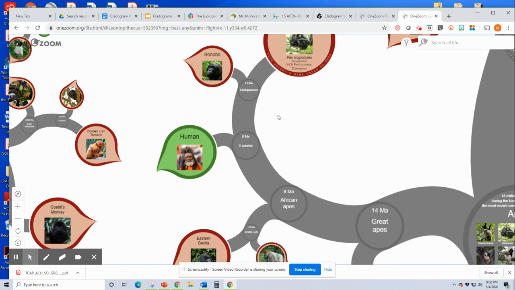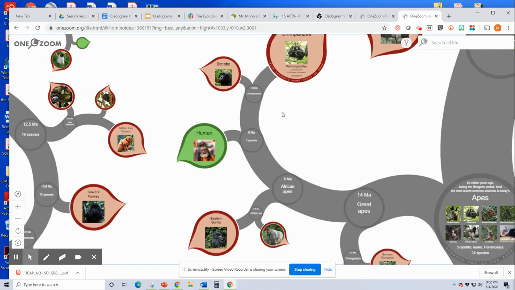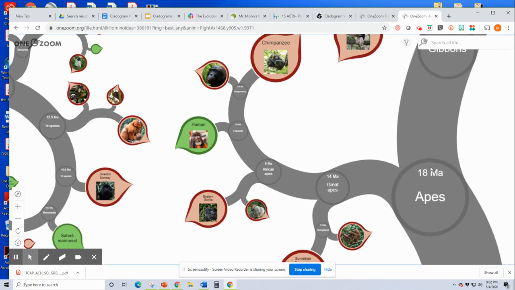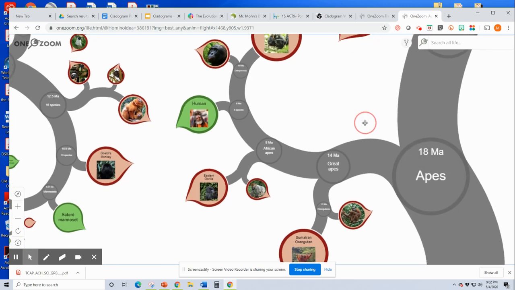And you notice, I'm going to start zooming out a little bit, and so right here, this says there was some common ancestor that lived 18 million years ago. And that common ancestor, whatever that looked like, began to evolve over time, and some of them evolved over here. There's our orangutans. Aren't they cute?